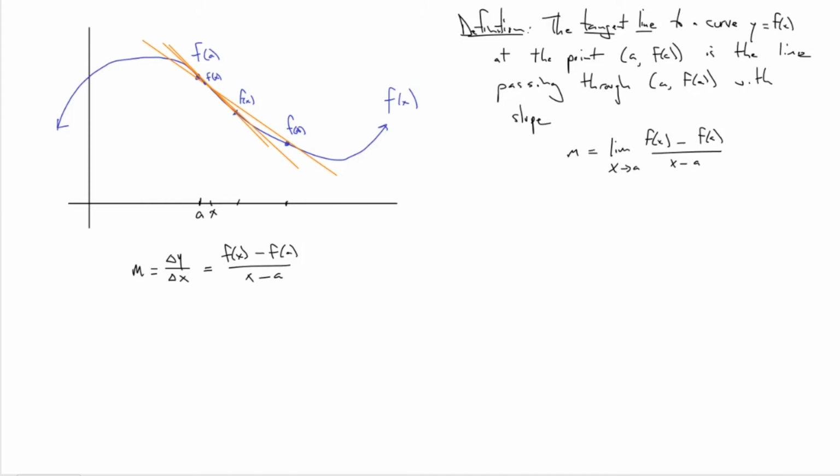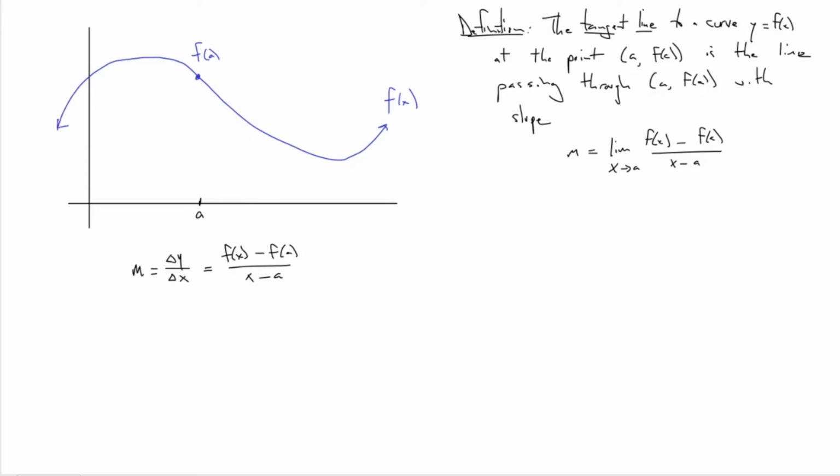In other words, whose slope is the limit of the slopes of the secant lines as x gets closer and closer to a. And in our picture, we only had x approaching a from the right, but of course we also need to consider x approaching a from the left to have a two-sided limit there.